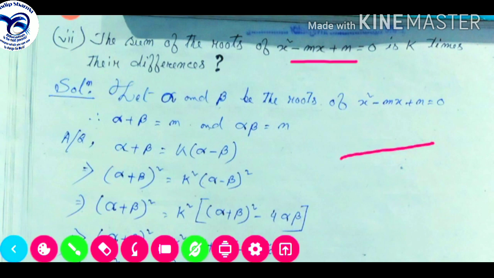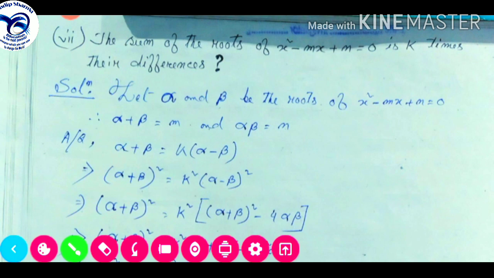So minus b, here it is minus this b formula, and b is equal to minus m divided by a, which is 1, so minus minus plus m, it will be plus m. So alpha plus beta will be plus m, and the product of the roots, that means alpha into beta, will be c by a, so c is equal to n and a is equal to 1, so alpha into beta will be n.